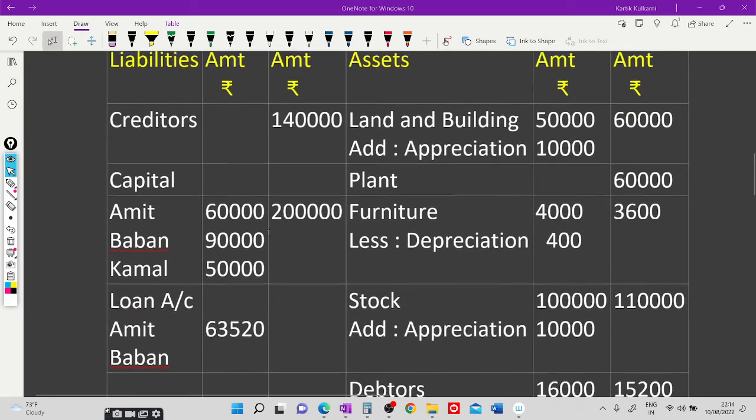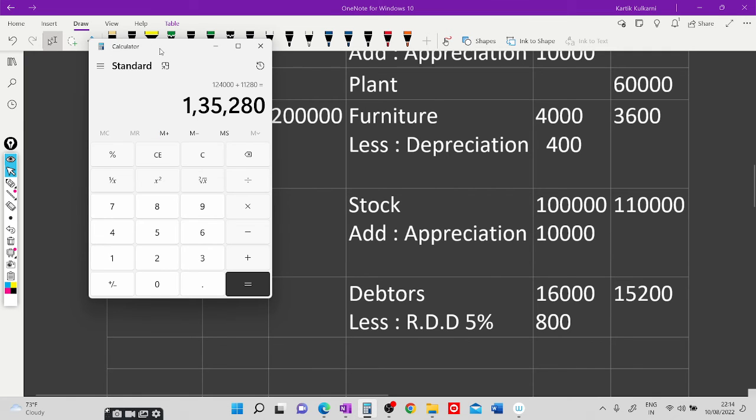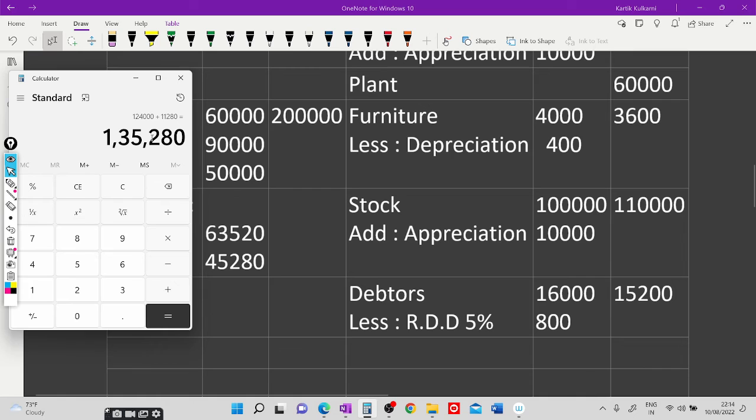We'll write here on the liability side. Let's calculate and write it in the outer column. 63,520 plus 45,280 is 1,08,800.